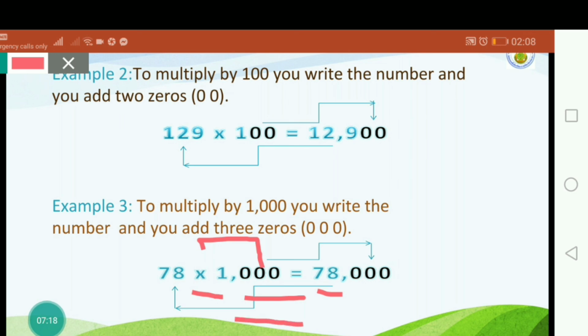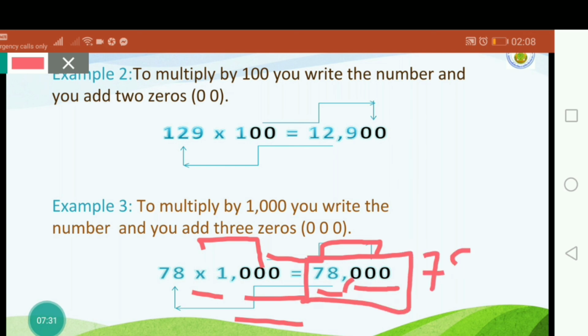There are 3 zeros. So we're going to write down 3 zeros and separate them with a comma: 1, 2, 3, comma. So our answer is 78,000. Do you understand? Very good.